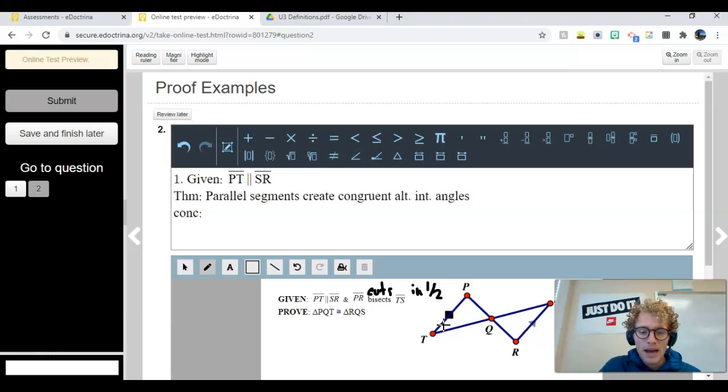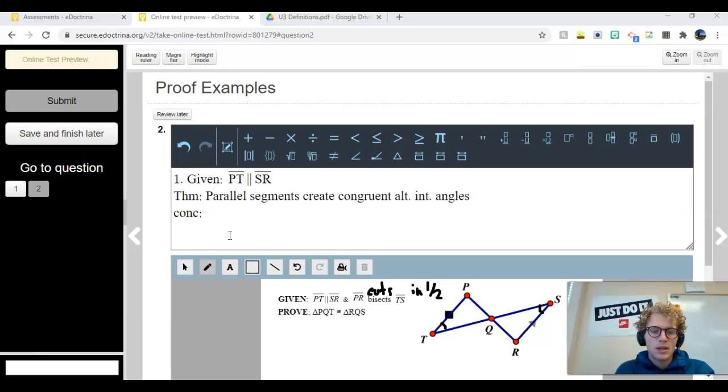But that would mean that this angle is congruent to this angle, which is angle S. So our conclusion is that angle PTQ is congruent to angle RSQ. All right, and then I marked them congruent.